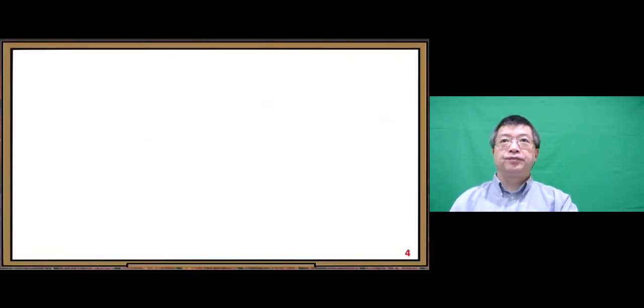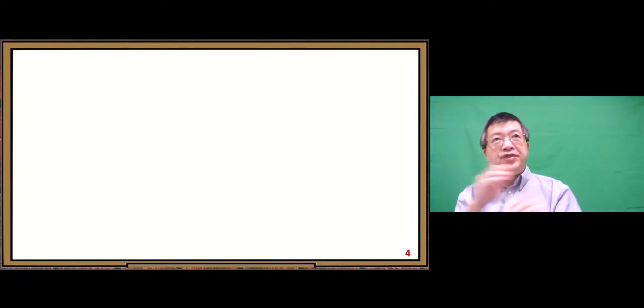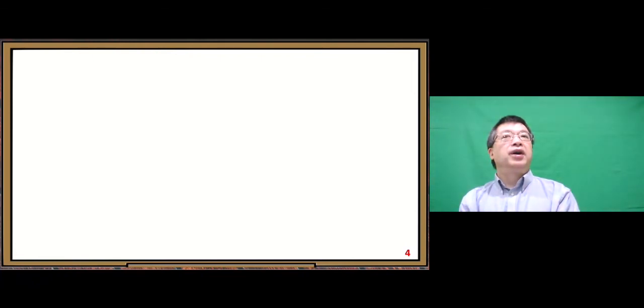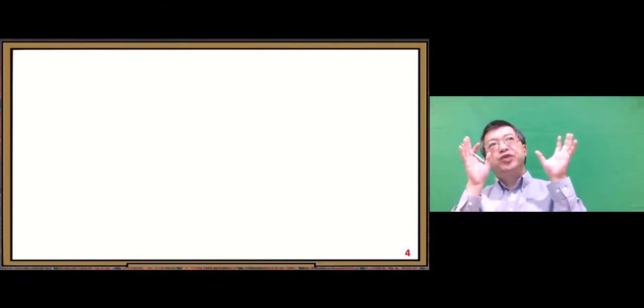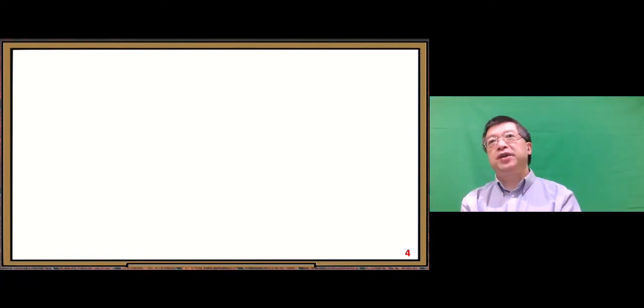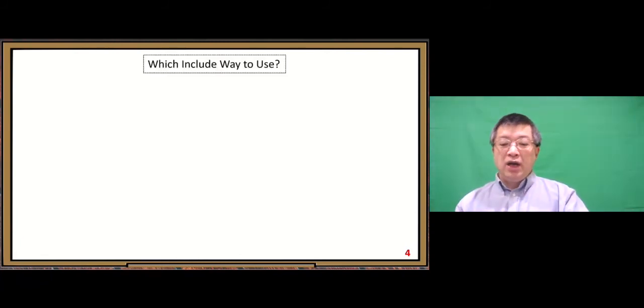Next, after we understand the differences here, we want to compare under what situation which way is better. So in this slide, we look at that question: which include way to use?